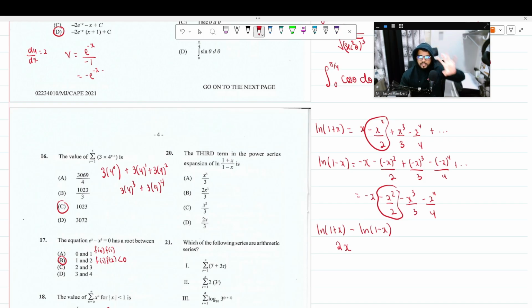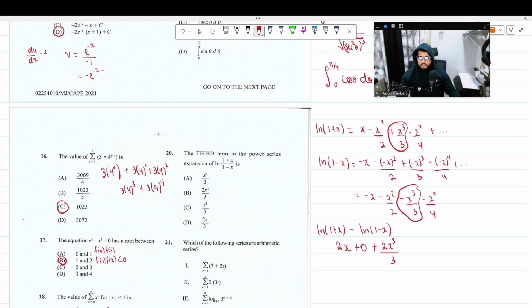I have the same thing take away the same thing, I'm going to get 0. So I'm going to have a plus 0. I'm going to have x cubed on 3, take away negative x cubed on 3. That will give me x cubed on 3 plus x cubed on 3, that is 2x cubed on 3. Now that's the third term. 2x cubed on 3 is the third term.